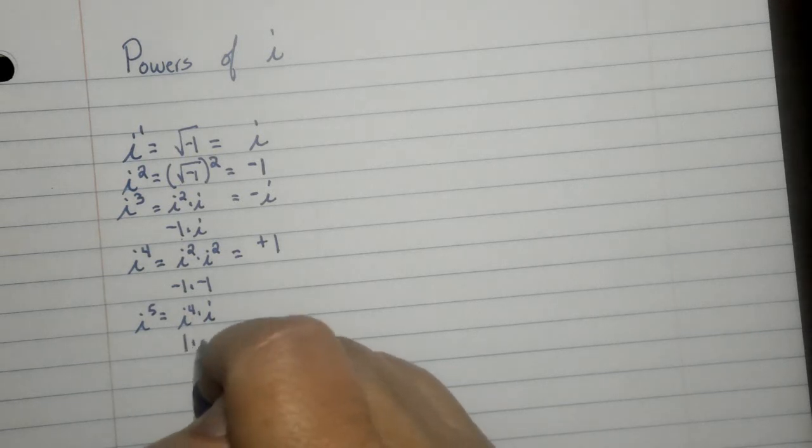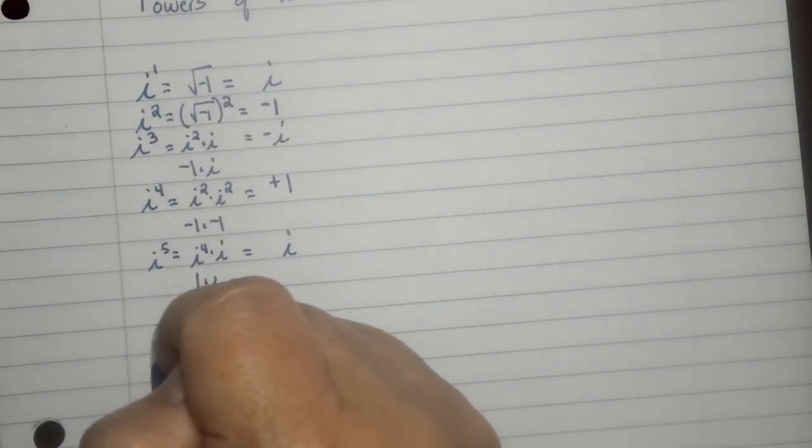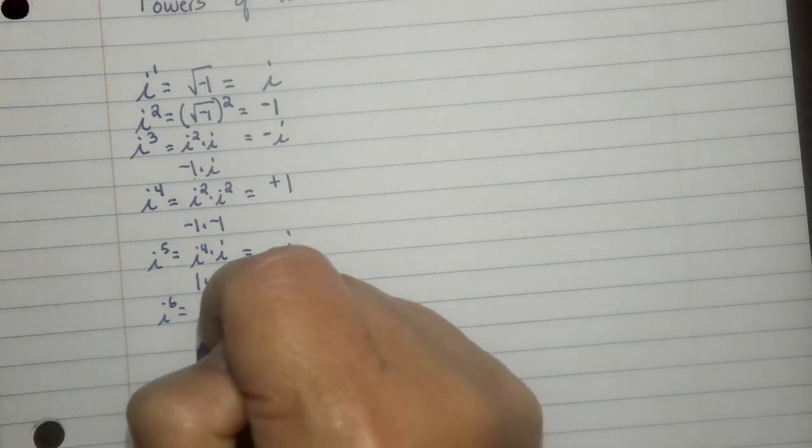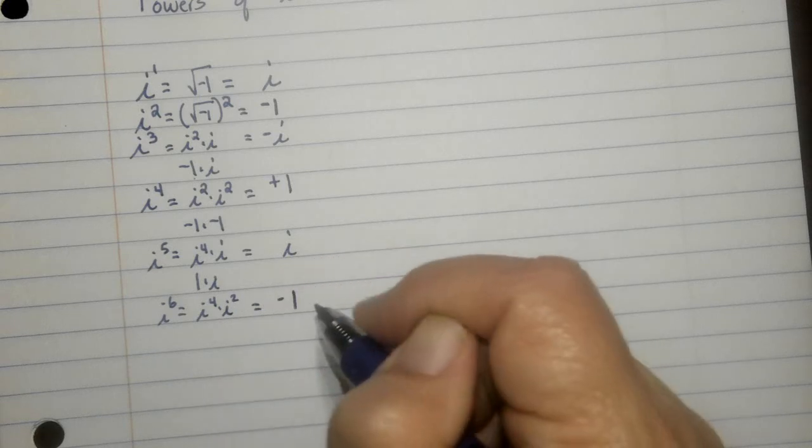But I to the 4th is 1, and 1 times I is I. Well, what if I do I to the 6th power? Isn't that I to the 4th power times I squared? So I to the 4th power is 1, and I squared is -1, so that's going to be -1.